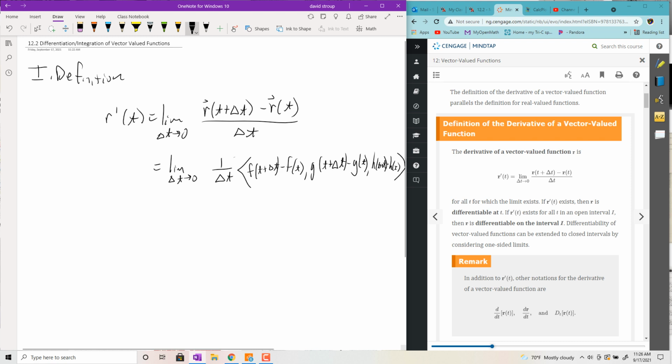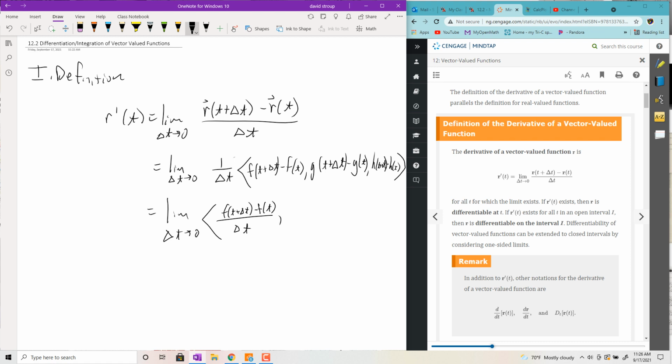Okay, and then if you distribute the 1 over change in t, this is just strictly definitions, right? You get a bunch of difference quotients, and each one of those represents the derivative of one of the components.